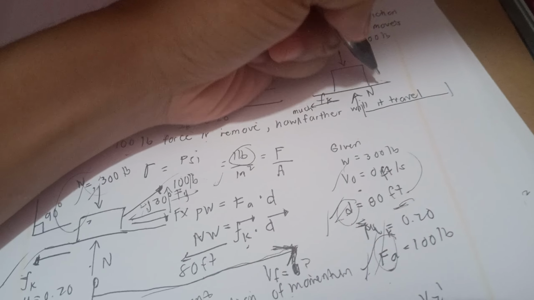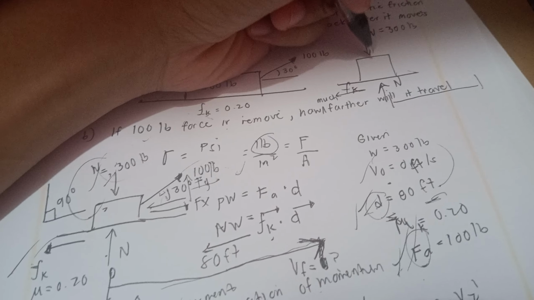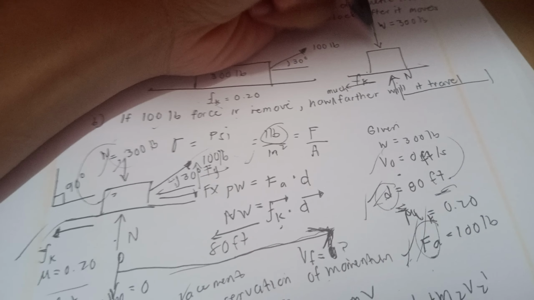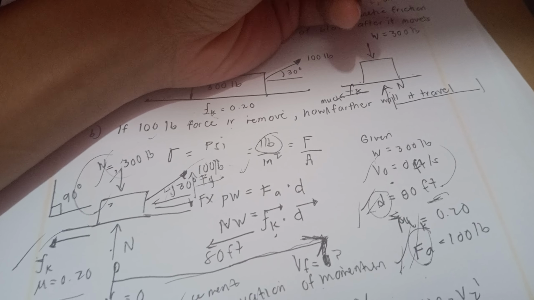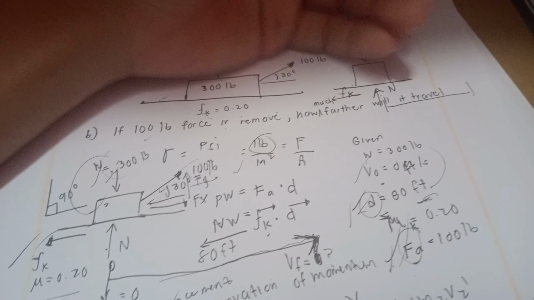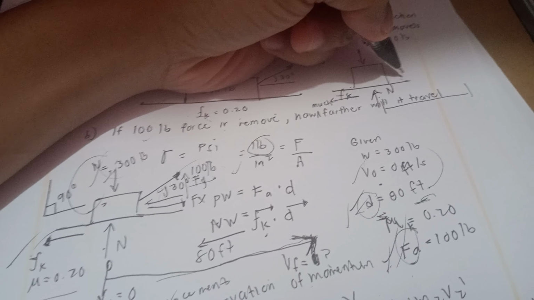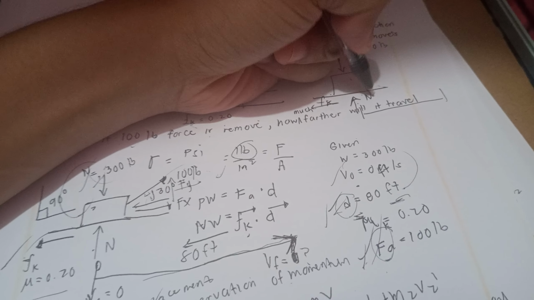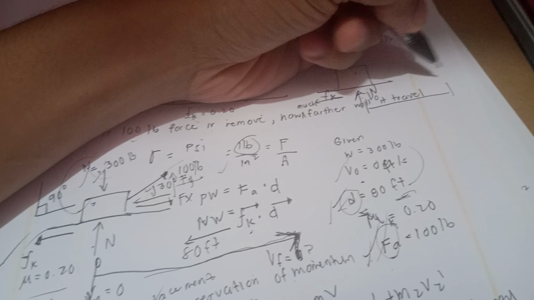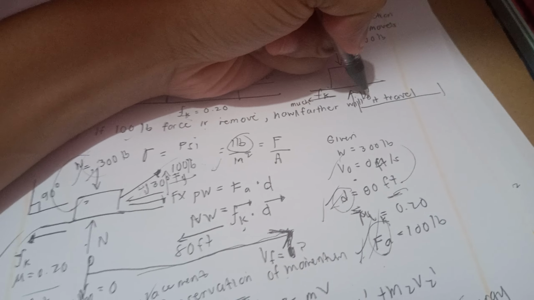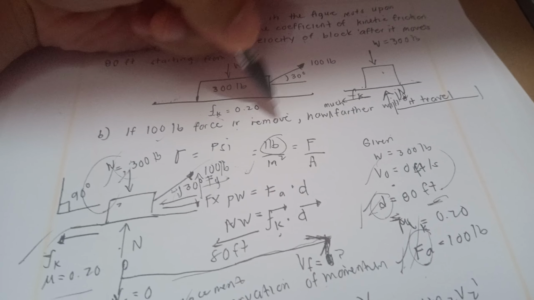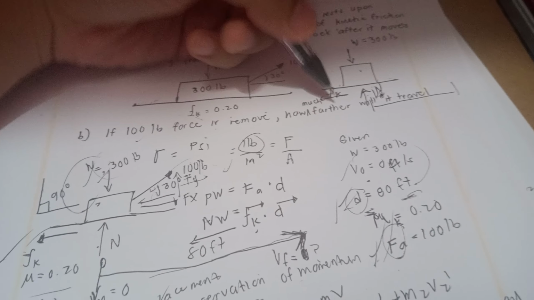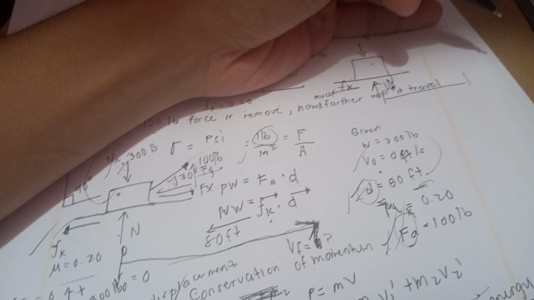Ngayon dito, baka magtaka kayo, paano siya gagalaw kung yan lang yung force? Kasi dyan i-assume natin na ang box is gumagalaw na siya. Kung mapapansin mo kasi sabi, how much farther? Ibig sabihin, may possibility na huminto siya, di ba?